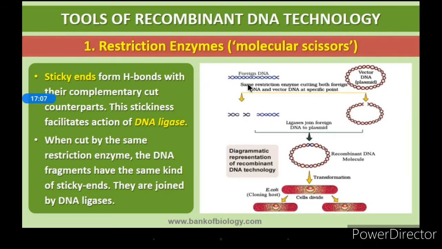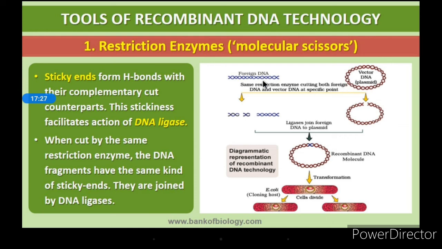Here you can see the diagrammatic representation of recombinant DNA technology. This is the foreign DNA. This is our plasmid, the vector circular DNA, which acts as a carrier.